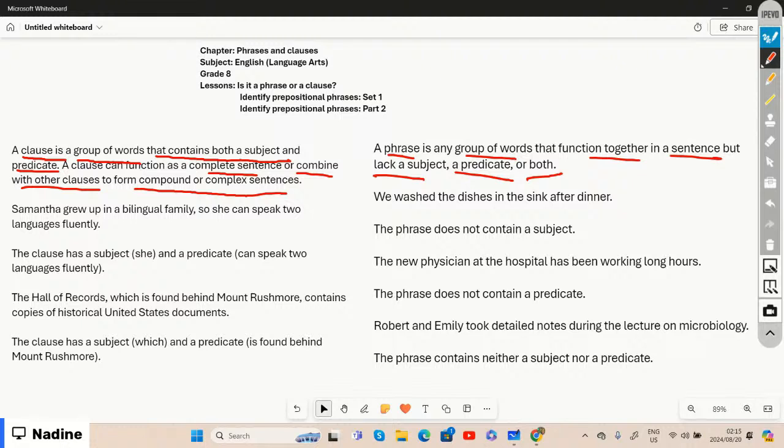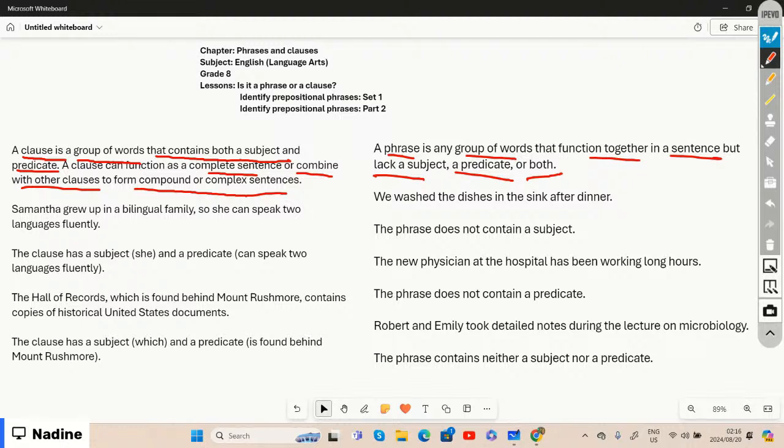For example, we wash the dishes in the sink after dinner. All right.